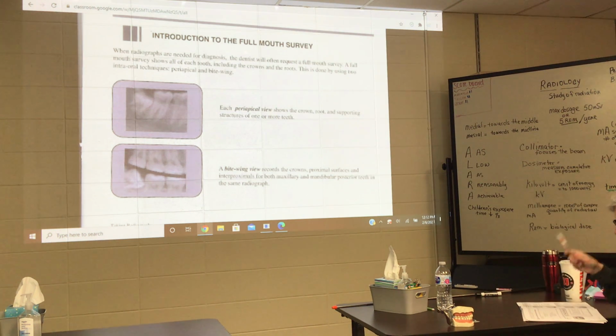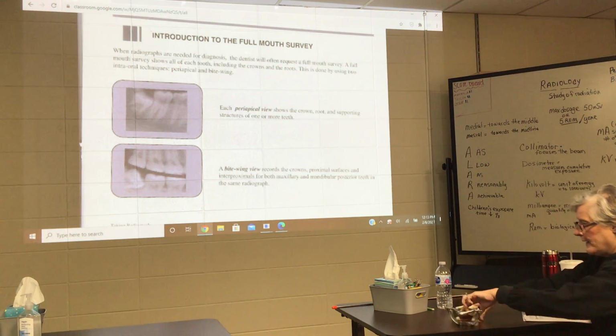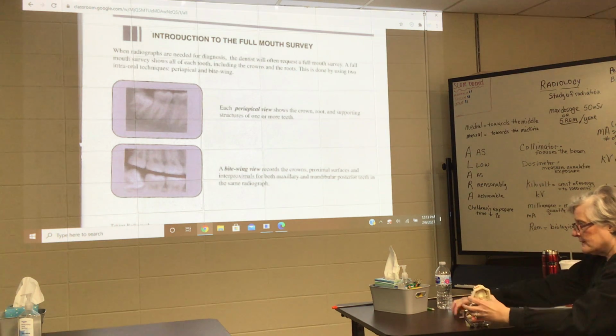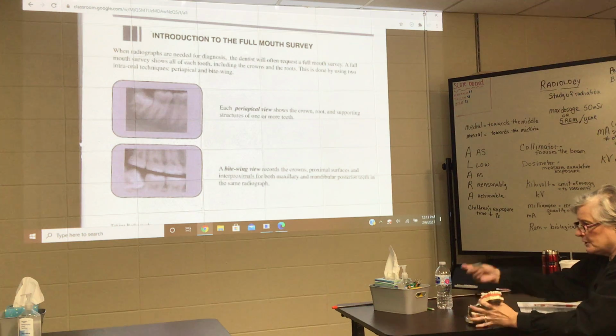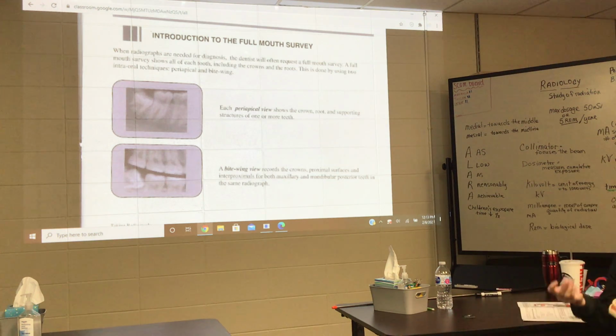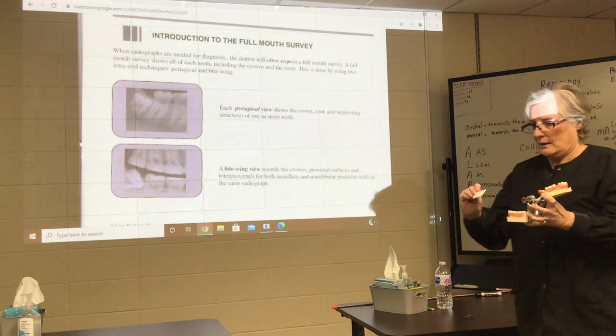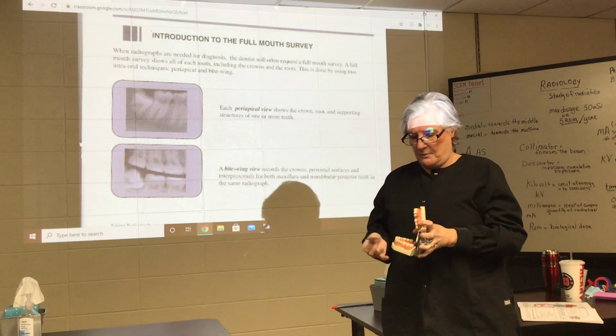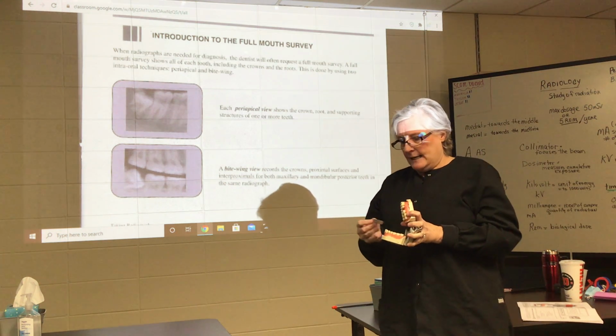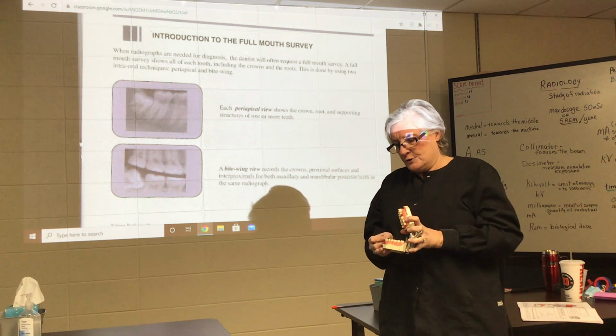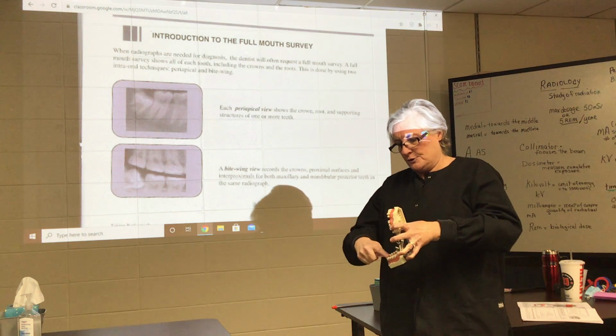Another type of radiograph that's intraoral is called an occlusal. An occlusal is done when you take the film like a sandwich. I'm going to use this film packet to demonstrate with this model. So if I'm taking an occlusal, it's going to show the occlusal surface.